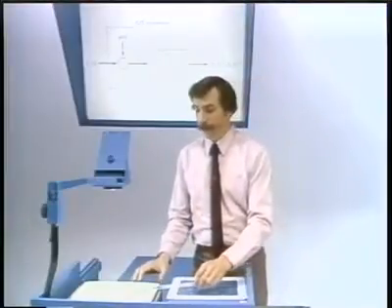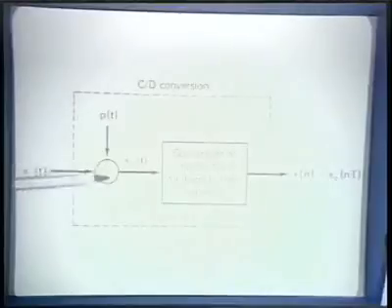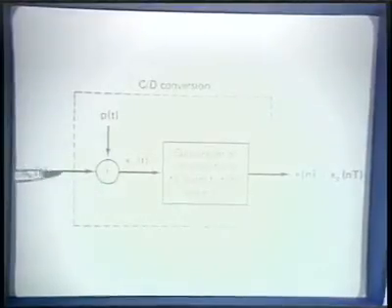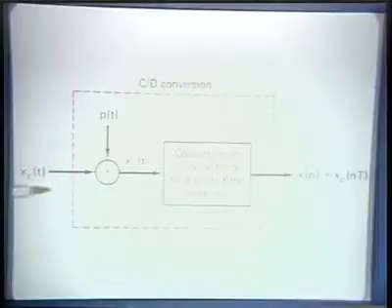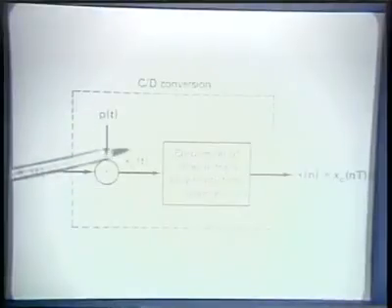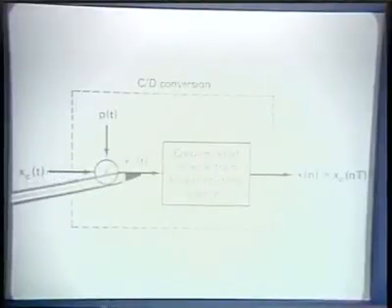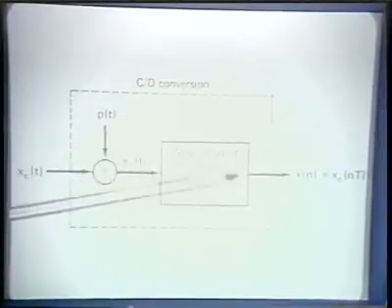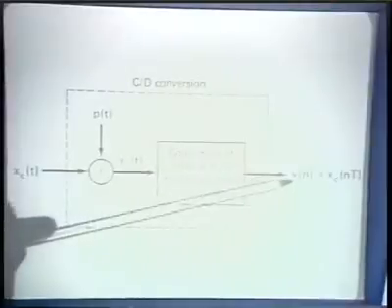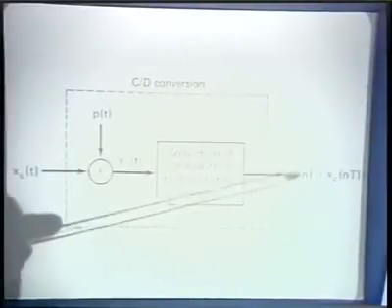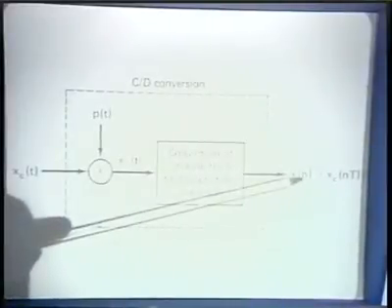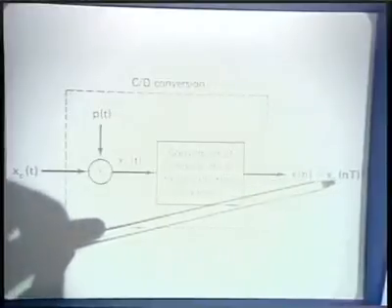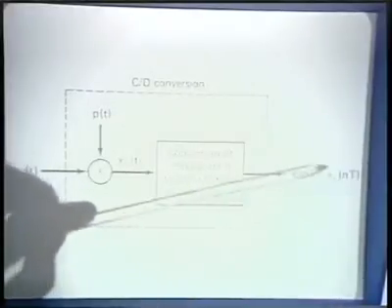The two steps are to first convert from the continuous time signal to an impulse train through a sampling process, and then to convert that impulse train to a discrete time sequence, and the discrete time sequence x[n] is simply then a sequence of values which are the samples of the continuous time signal.